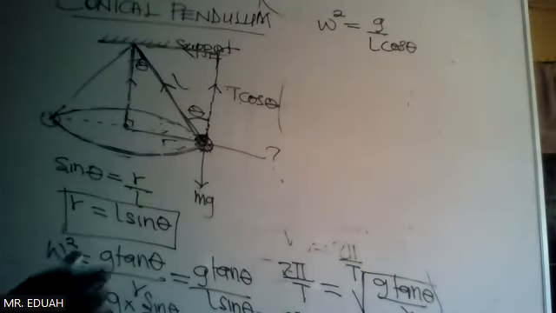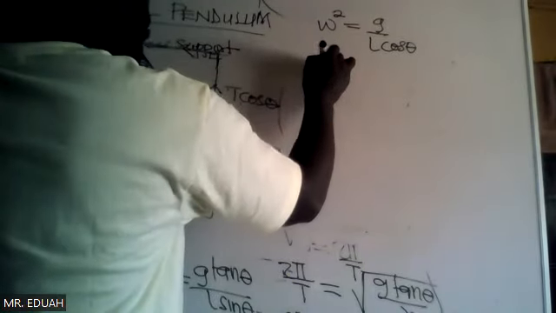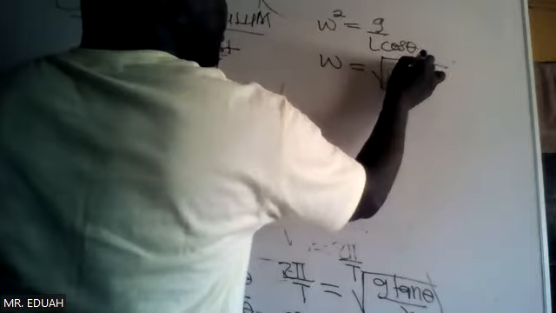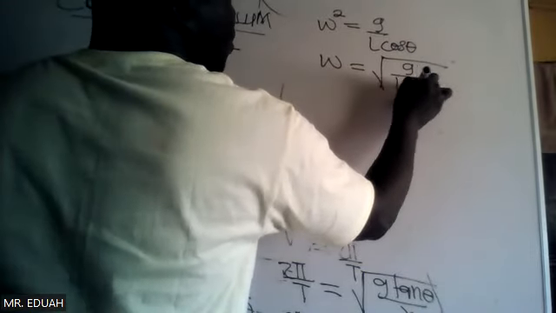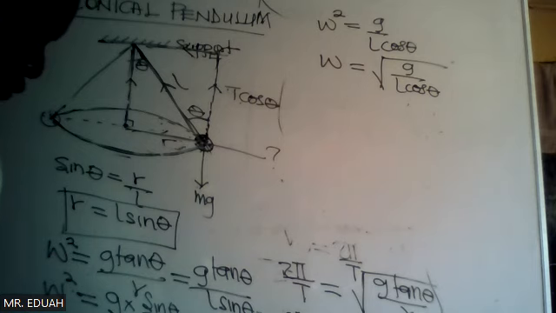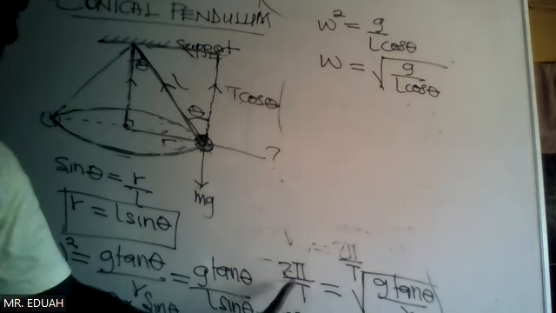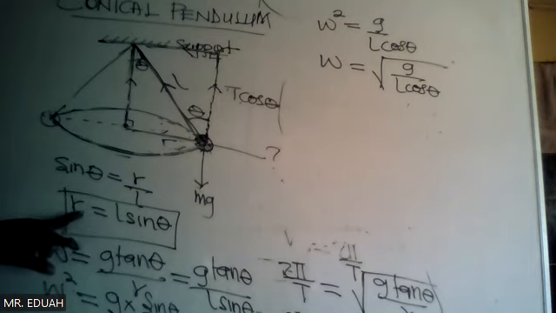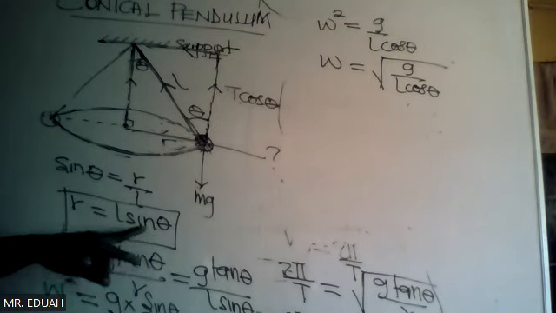So when we take the square root of this, we have the square root of g over L cos theta. This is another relation for angular velocity when we substitute radius being equal to length times sine theta.